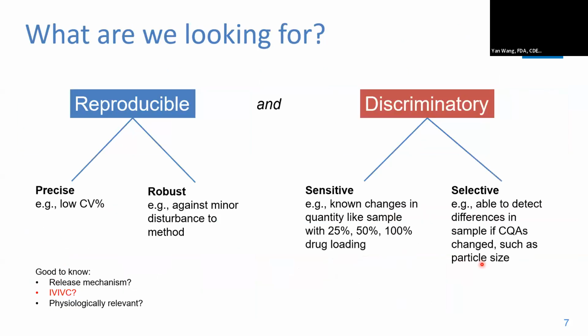So when it comes to IVRT validation, which is one thing we commonly see as a deficiency in new drug and generic drug applications, we don't see enough or adequate validation. In terms of reproducibility, we're looking for precision and robustness.